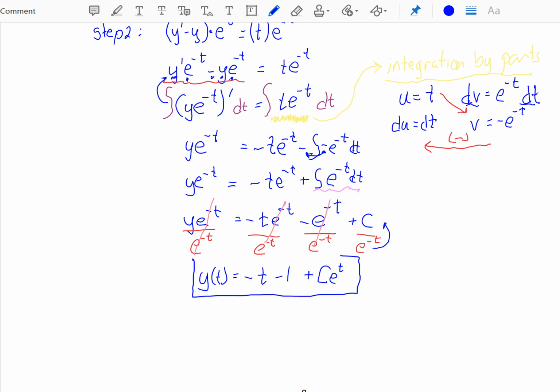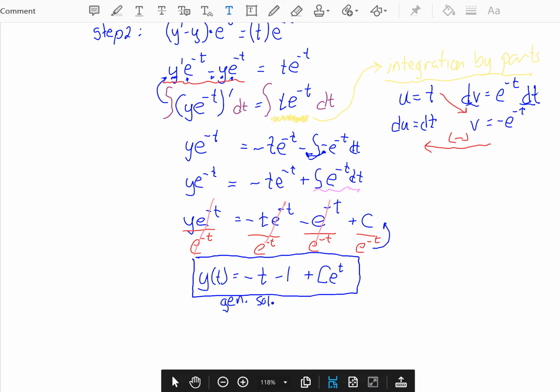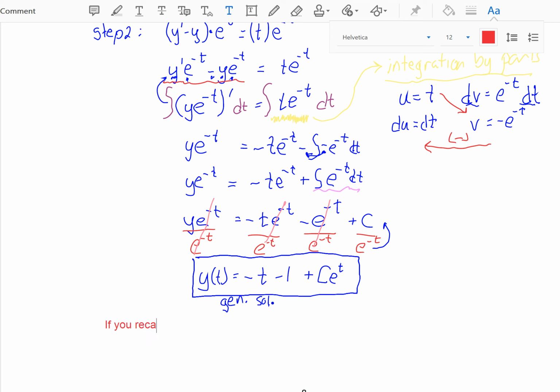This is your general solution. Now, if you recall, this agrees with the last example we did in the chapter 2.1 guided lecture notes.